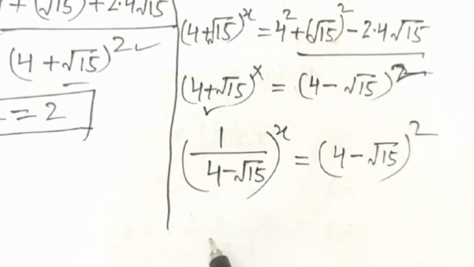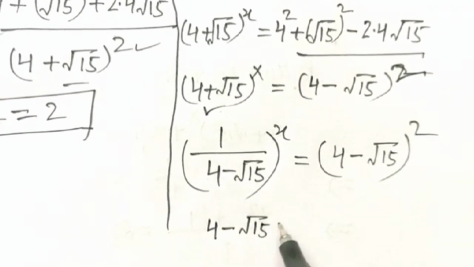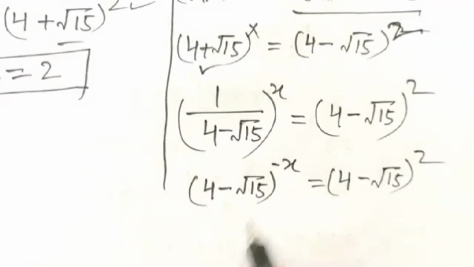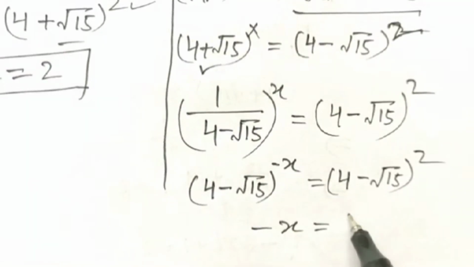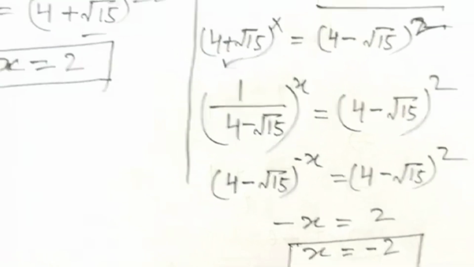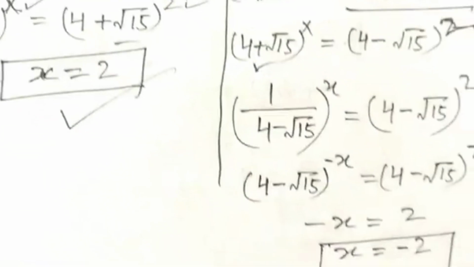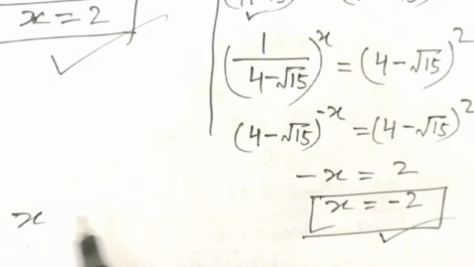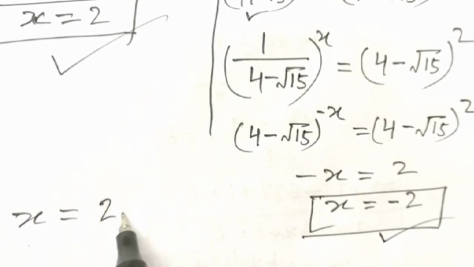So this can be written as (4 - √15)^(-x) will be equal to (4 - √15)². So minus x will be equal to 2, or x is equal to -2. So x will be equal to 2 and also -2. So here x will be equal to 2 and -2.